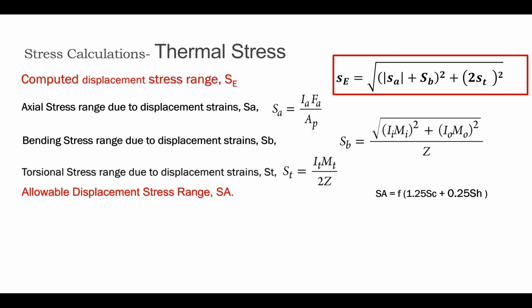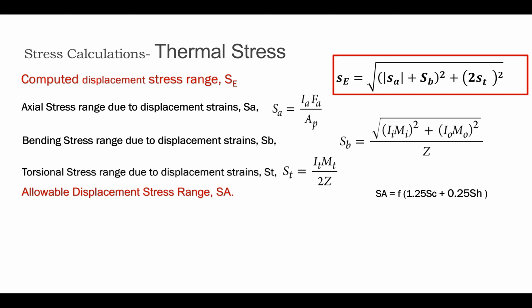SC is the basic allowable stress at minimum metal temperature expected during the displacement cycle under analysis, which we can say is 120 ksi maximum. SH is the basic allowable stress at maximum metal temperature expected during the displacement cycle under analysis. We can say that is 20 ksi maximum.